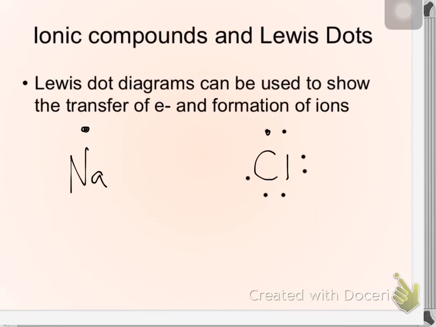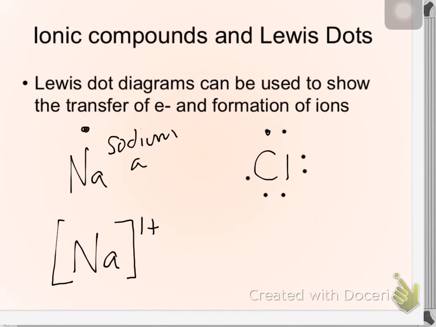So we know that sodium, to look like a noble gas, would shed that one electron, and sodium does this readily, forming a positive ion. When we show sodium having shed that electron, of course we show brackets, because sodium is a what now? It's now an ion, so we have to show its charge. So this is a sodium atom.